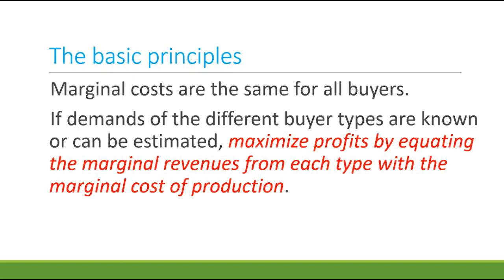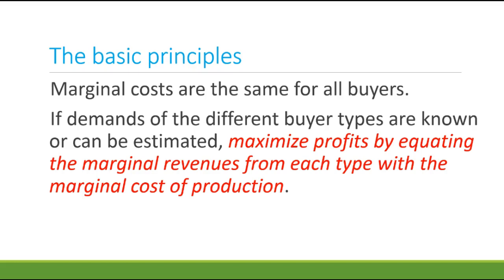And those profit maximizing prices are going to be thought of in exactly the same way as we thought of profit maximizing prices for a firm that set just a single price. So the profit maximizing firm is going to compare marginal revenue with marginal cost in deciding how much it wants to sell.